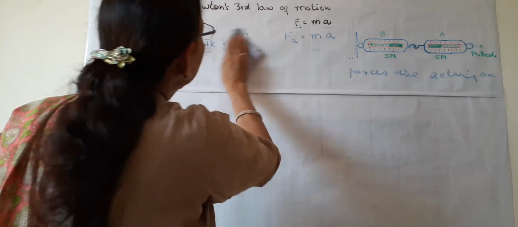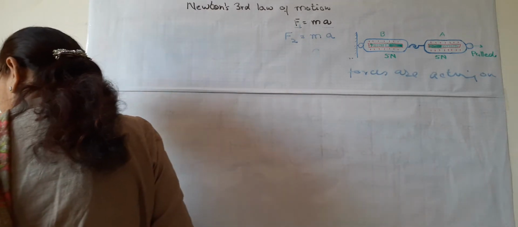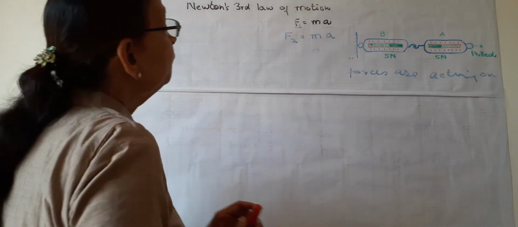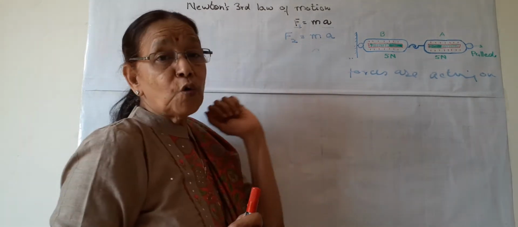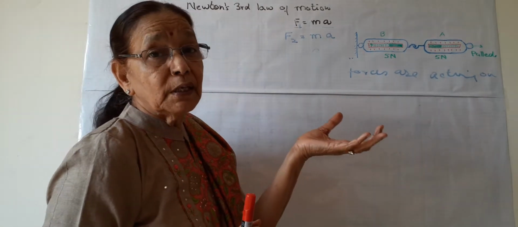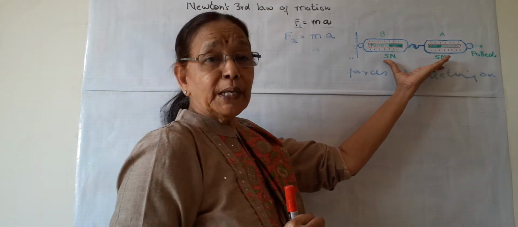Now we will see some other example. In another example, we can quantify this force. We can measure the amount of force. How can we measure it? These are two spring balances.